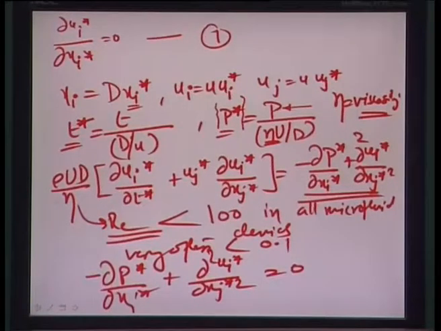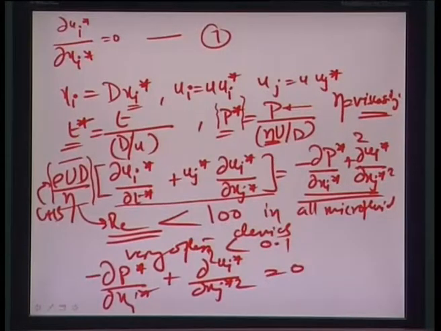The left hand side here is dominated by the low magnitude of the Reynolds number, and so irrespective of whatever this quantity is, the overall size of the quantity in the left hand side, because of the low value of Reynolds number, is very small in comparison to the quantity inside the brackets. Because it is overall negligible, we can assume this part of the equation to be equal to 0. So what are our conclusions from this statement?